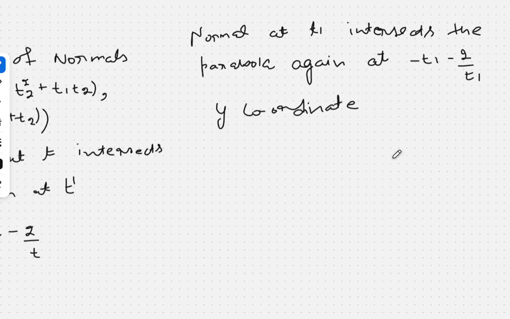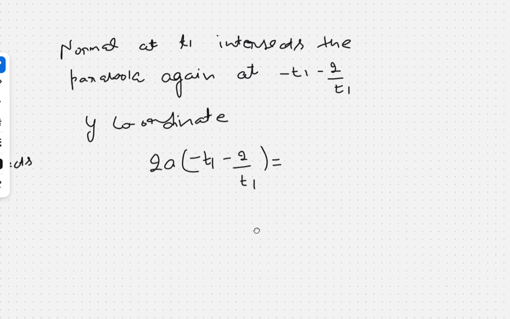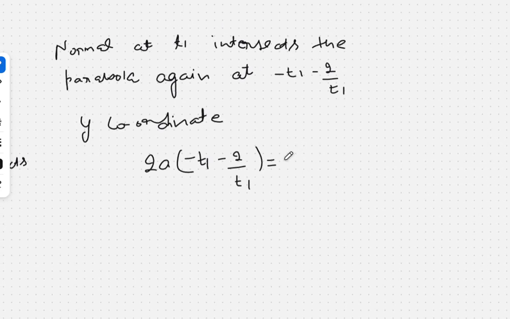The y coordinate of that point will be 2a into minus t1 minus 2 by t1. And luckily we can compare the y coordinate of the point of intersection of normals because it is the same. So you have minus a t1 t2 into t1 plus t2.